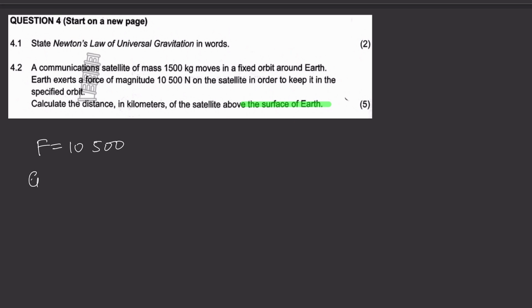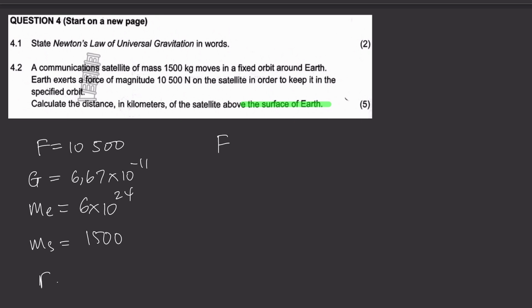We know G is 6,67 times 10 to the minus 11. We know the mass of the Earth is 6 times 10 to the power 24. We know the mass of the satellite is 1,500. And we can work out R.